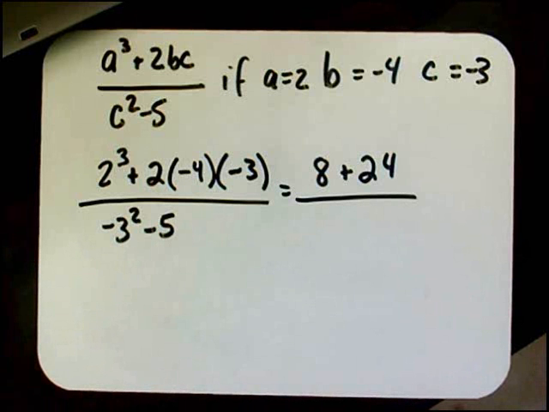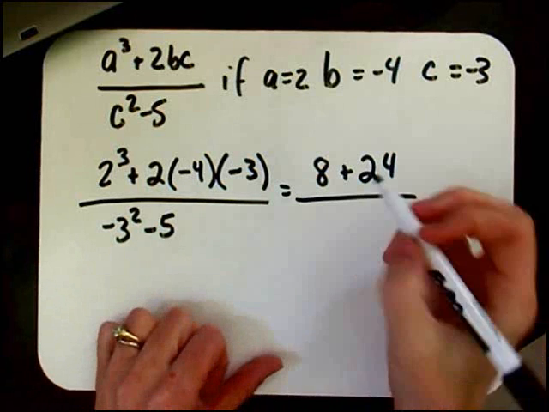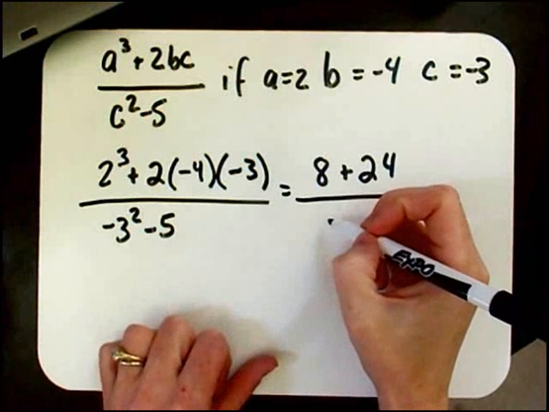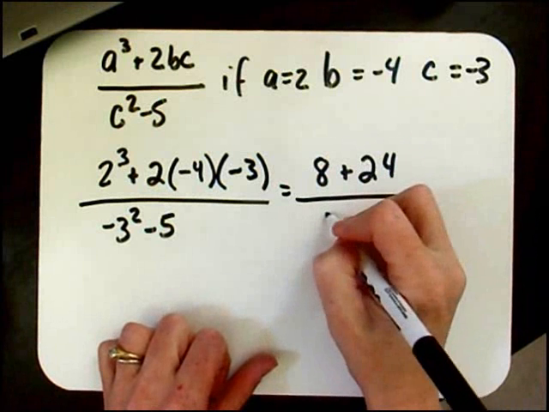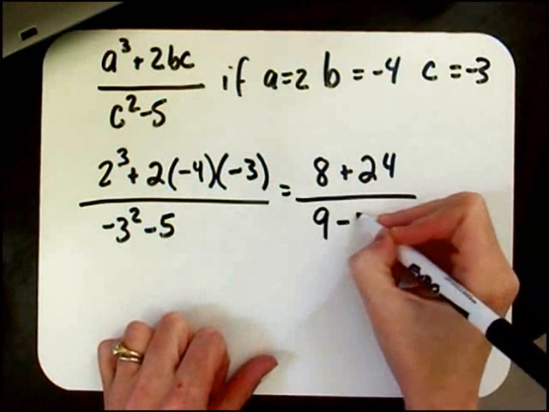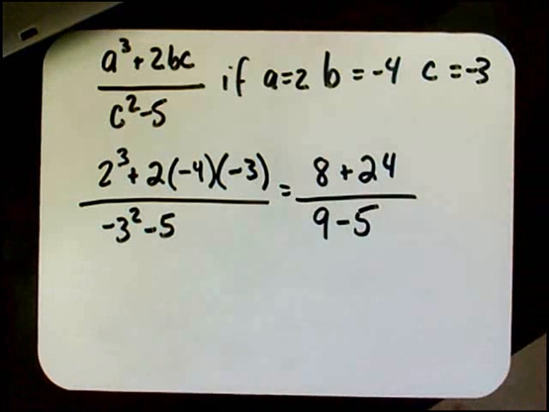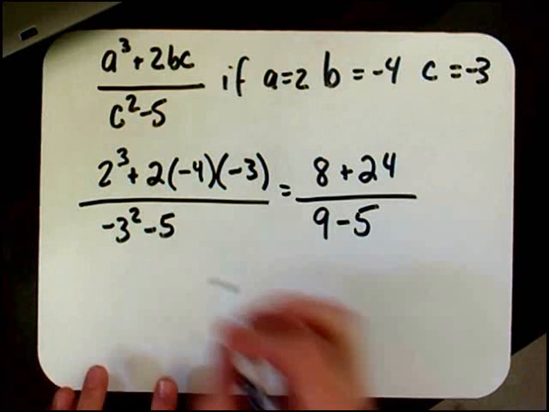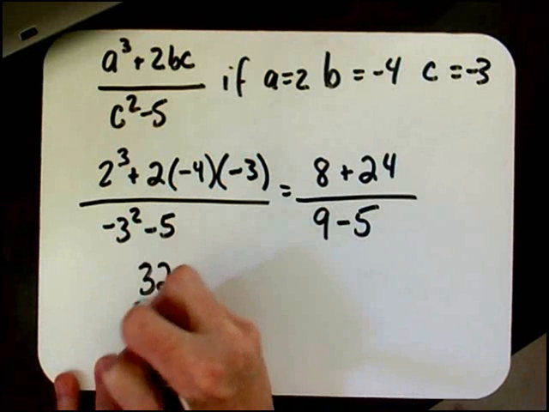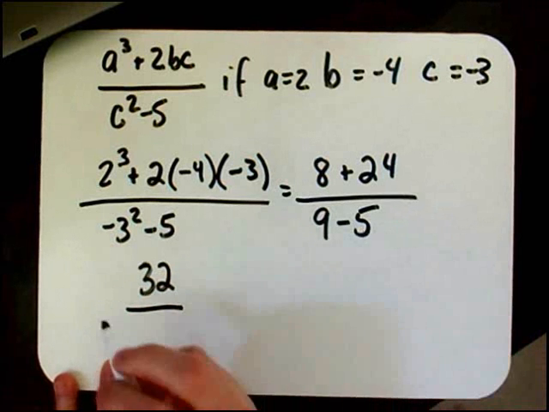So we do our power first. -3 raised to the second power is -3 times -3, or positive 9, minus 5. So now we have our numerator at 8 plus 24 over 9 minus 5. Let's do our numerator first. 8 plus 24 is 32 over 9 minus 5, which is 4.